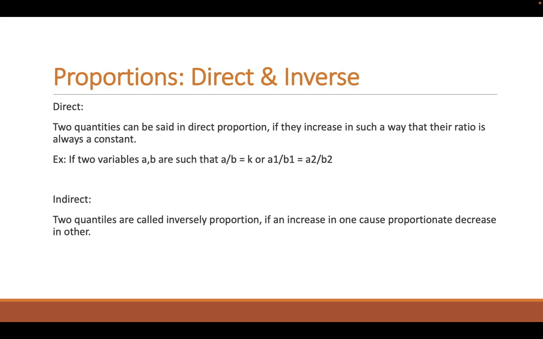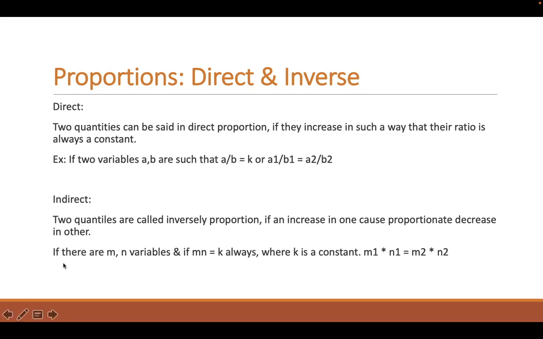Inverse. Two quantities are called inversely proportional if an increase in one causes a proportional decrease in the other. That's why it's inversely proportionate. Now how is it? It's saying variables m, n are there, if mn equal to k, where k is a constant. What it is saying is that if m increases, n decreases, and k is always a constant.